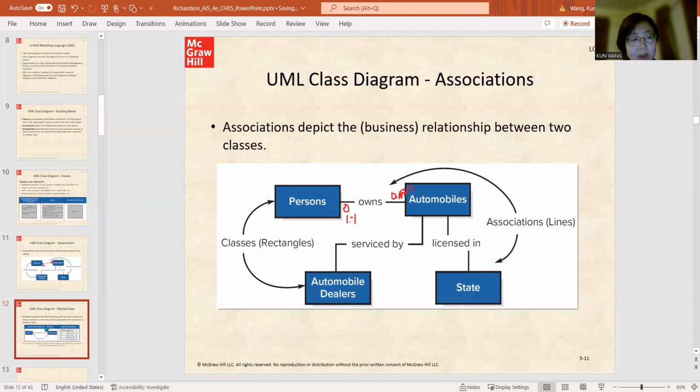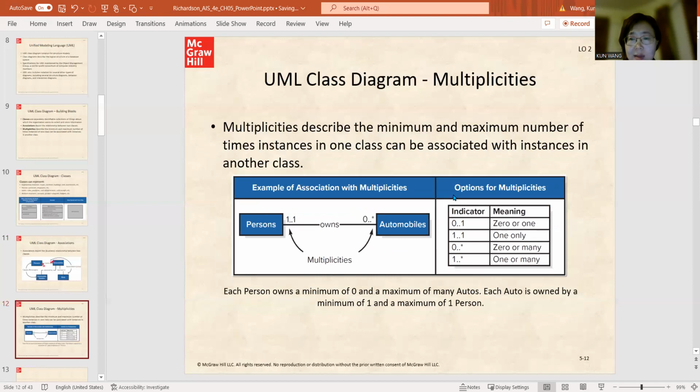These are the summary of the different ways to express the multiplicities. This is exactly as we discussed, and these are other instance examples. You may see that different modeling tools have slightly different expressions. Some use "store as many."